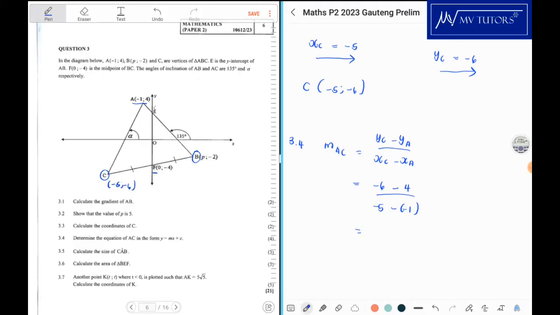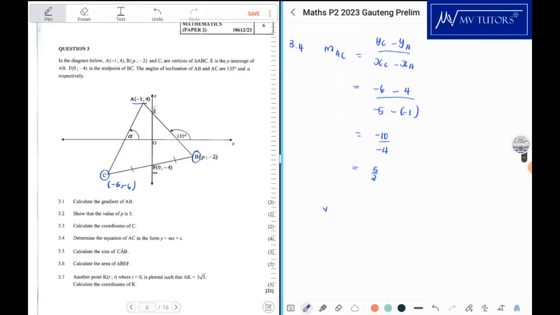Now negative 6 minus 4, that's just going to be negative 10. And minus 5 plus 1, it's going to be minus 4. So our gradient here, if we simplify, will be 5 over 2. Okay, so we have a gradient, we have a point. Can we get the equation? Most definitely. So we have y is equal to mx plus c.